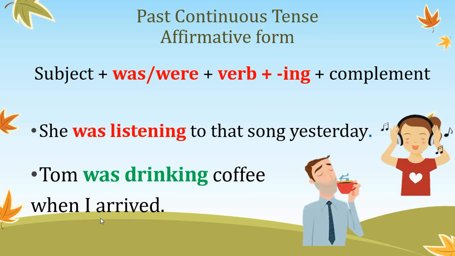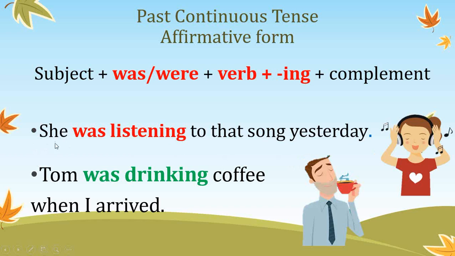Now, for the affirmative form, in the past continuous, we have the following structure. First, subject, the verb to be in past, was or were, plus the main verb with the ing ending and the complement. For example, she was listening to that song yesterday.